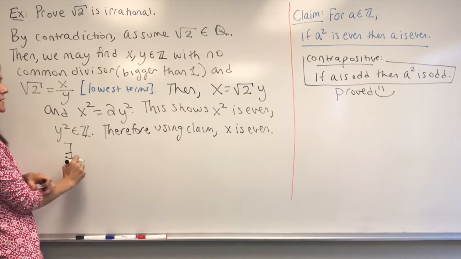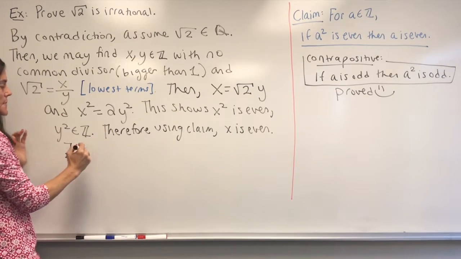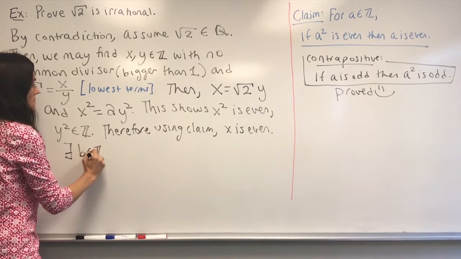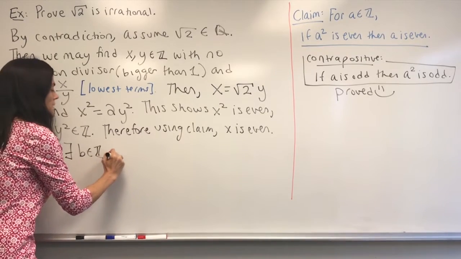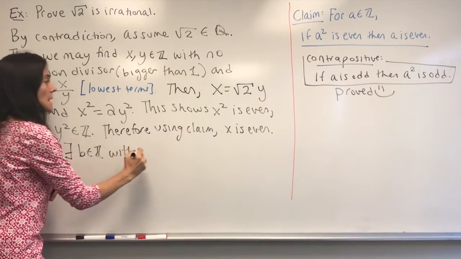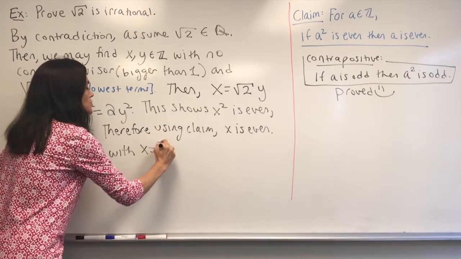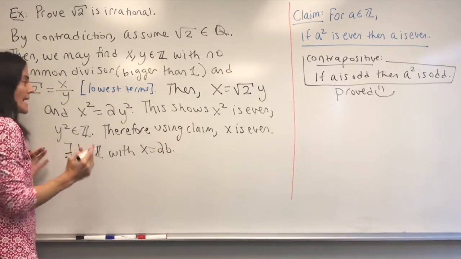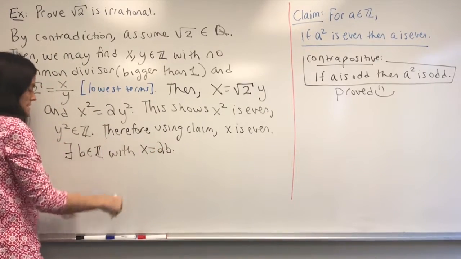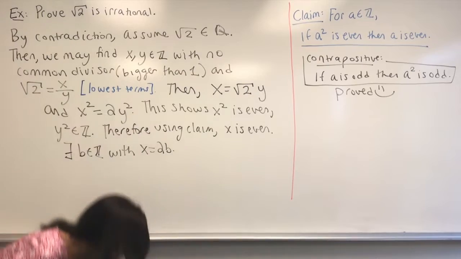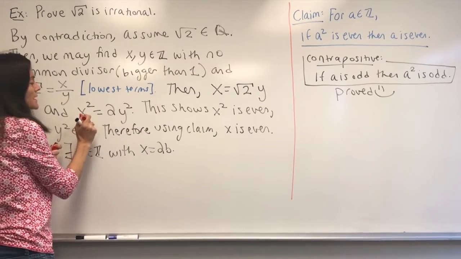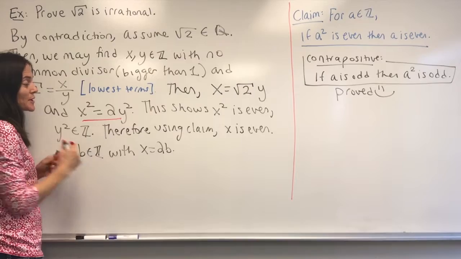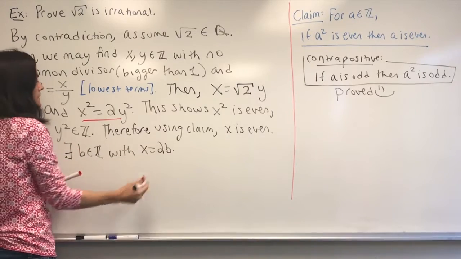I need another letter. I don't want to use A, maybe a B, with x equals 2b. Okay, now let's just go back to this equation. So I'm returning to this right here. Okay, and I'm going to put in 2b.